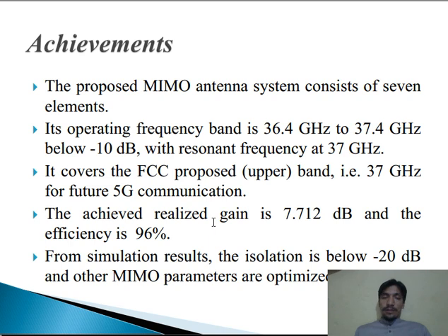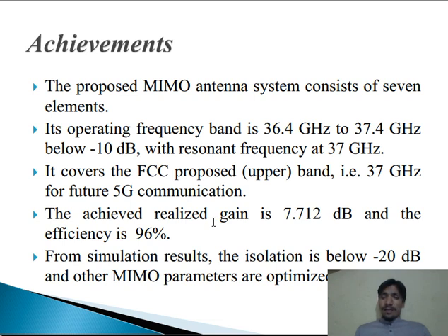These are the achievements that we have achieved from the design. The first one is the proposed MIMO antenna system consists of 7 elements, that I will show in the next slide. Its operating frequency band is 36.7 to 37.4 GHz. This single element antenna is covering the 1 GHz bandwidth with respect to VSWR 2:1 at the resonant frequency of 37 GHz.